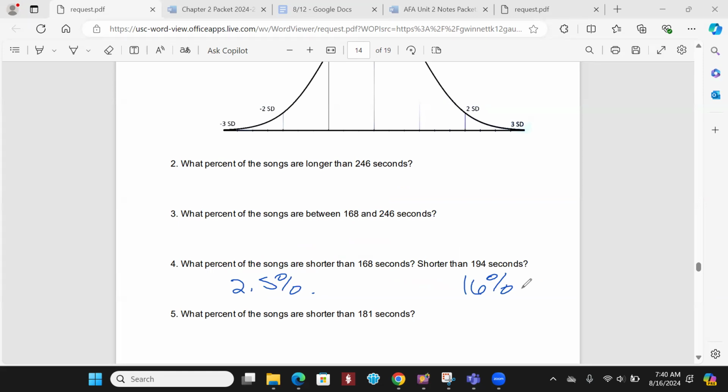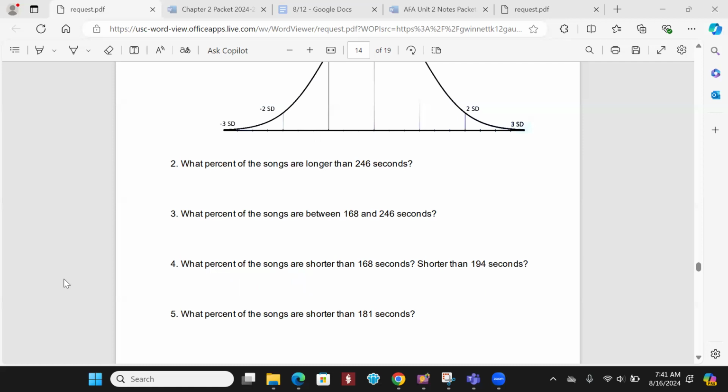What percent of the songs are shorter than 181 seconds? How would we go about doing this? Okay, but it's not going to be exact according to our curve, right? So this is where z-score comes in. Do you remember your formula sheet that you got on the first day of school?